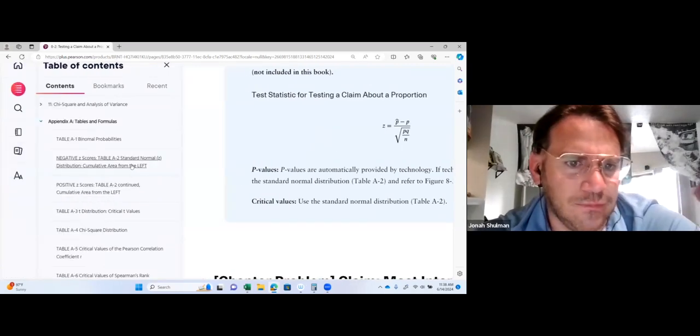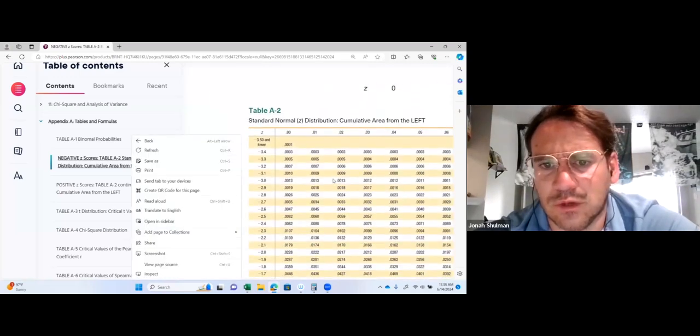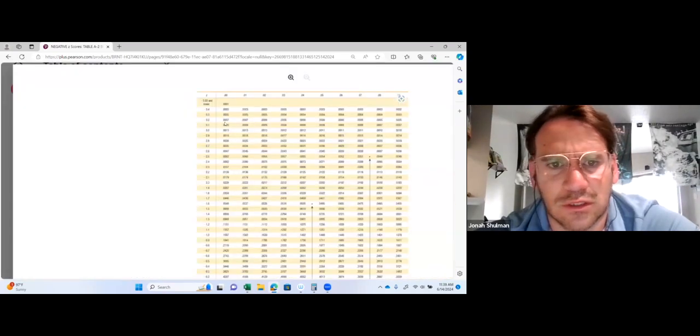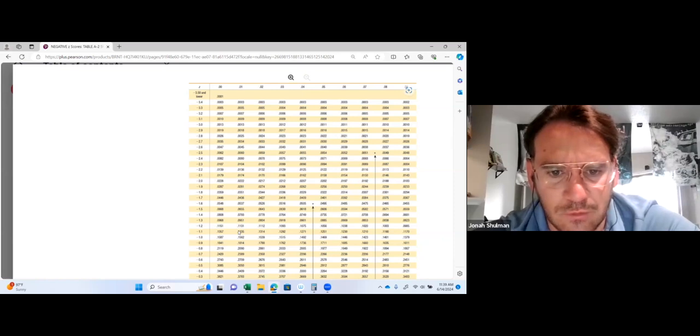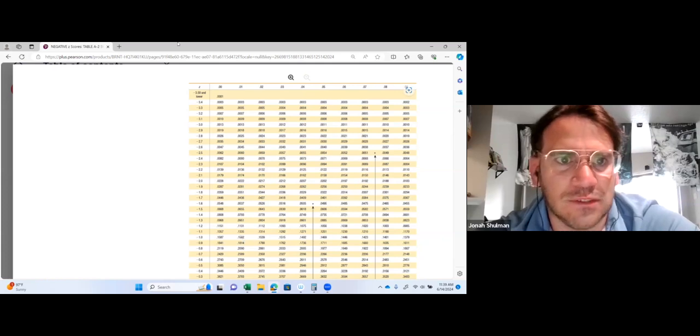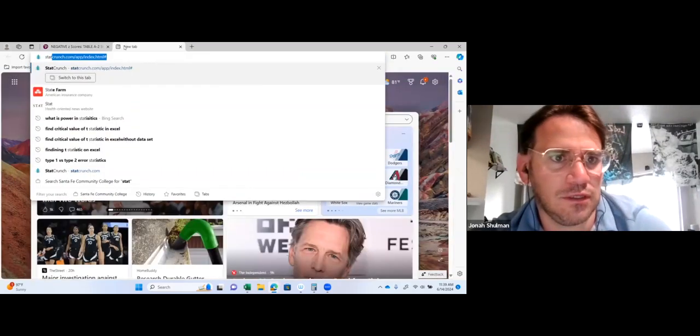So here we go. This is the one to the left, and then we have one to the right, but this is a way we can use our z-scores. Let's say our z-score is negative 1.01. Ta-da, here's our z-score. Negative 1.01 is 0.1562. But StatCrunch does the same thing.